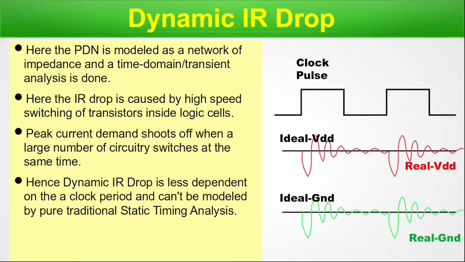So you can see from the right-hand side, there will be a lot of swings coming out of the RLC, and this would cause a peak current shoot-off, and that's very much related to dynamic IR drop analysis. And this is dynamic in nature, that is, time-dependent, so it cannot be modeled with static timing analysis, where we are performing everything in a static manner. That means all are pre-characterized values and not the on-the-go analysis that we do in our transient analysis.